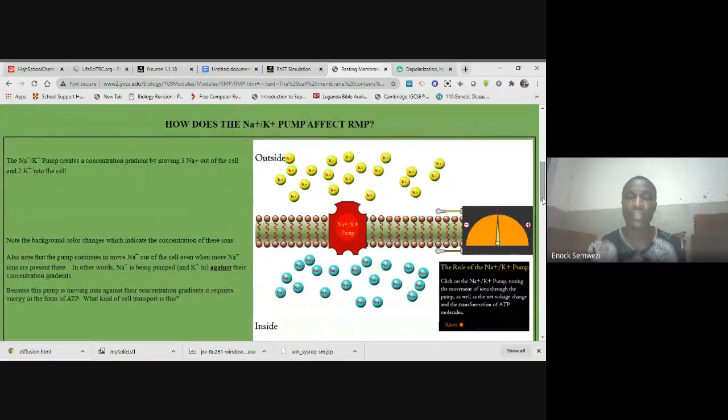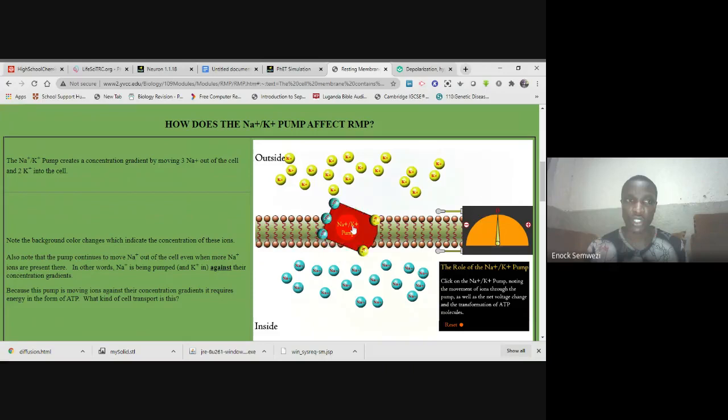Now, remember, a membrane has gated channels, has leakage channels, but it also has what we call the sodium potassium pump. This one is good at maintaining the resting membrane potential. However, it uses energy. So I want you to see how the sodium potassium pump works before we can go any further.